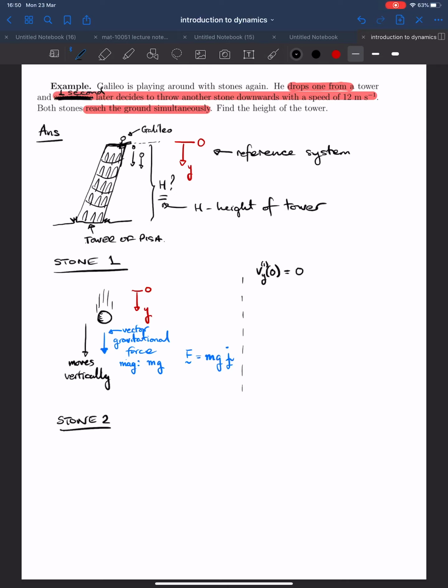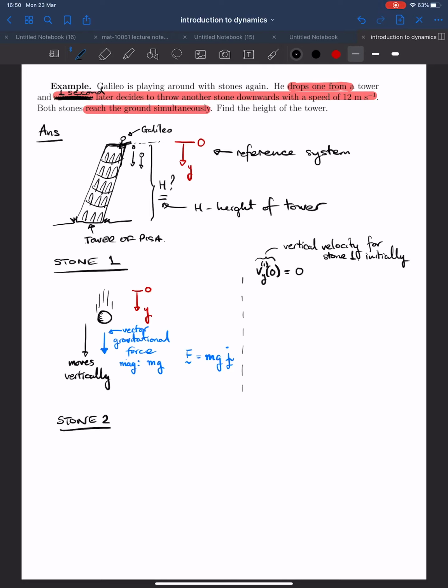Okay, now let me just clear this up. So this is the vertical velocity for stone 1 initially.